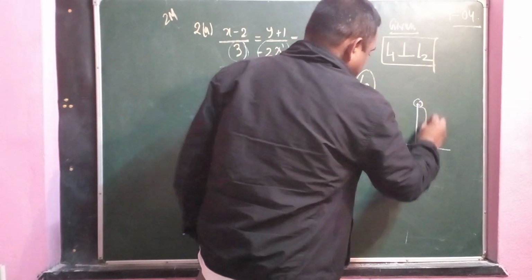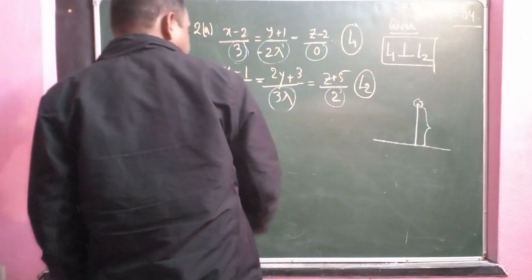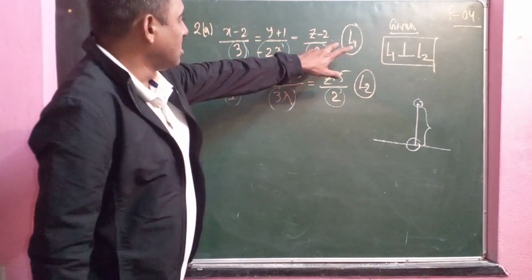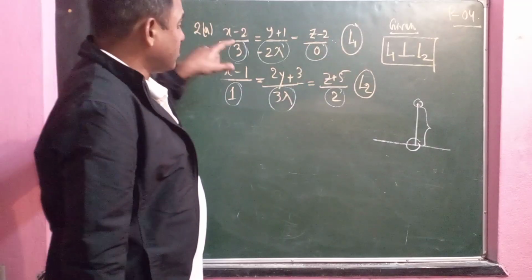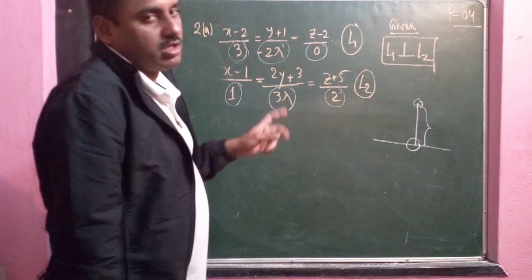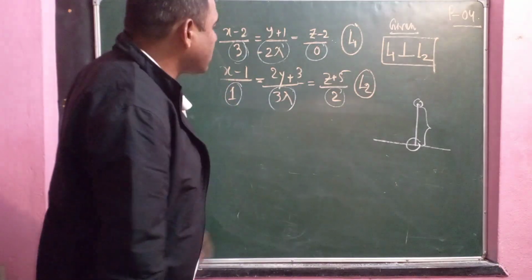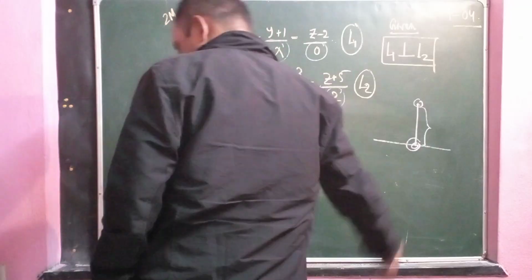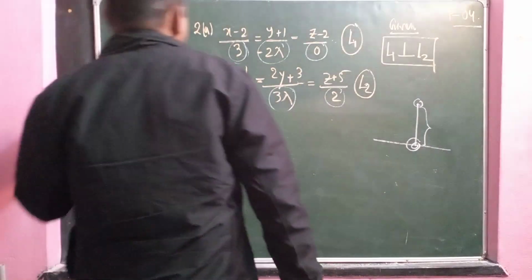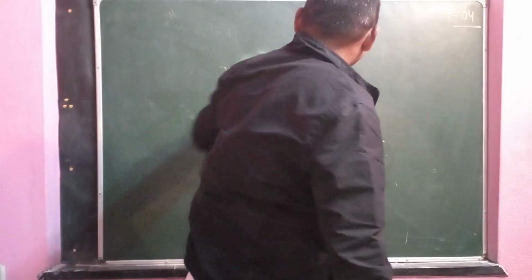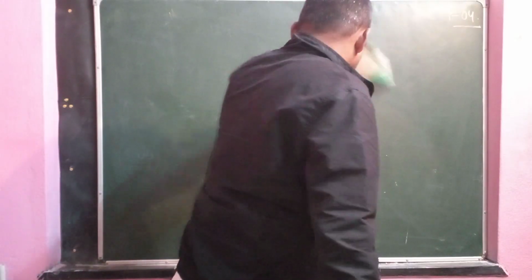Take any point and then calculate the distance. You have to find the point of intersection. When you solve them, you will get r also, and then from this point and this point, use the distance formula. This is how you solve in 3-dimensional.